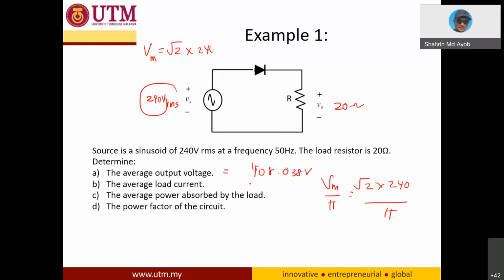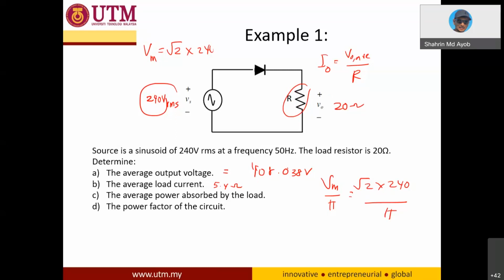And then what about the average load current? Since this is a resistor load, the average current is just a simple equation: V out average over the load. So 108.038 over 20 ohm. You should get 5.4. A resistor is considered a linear load.